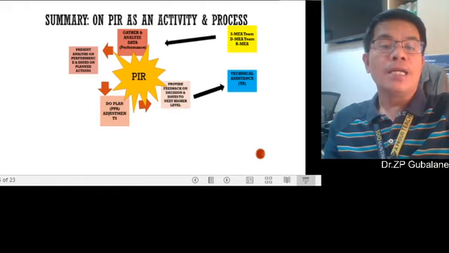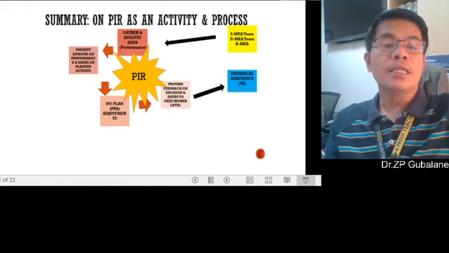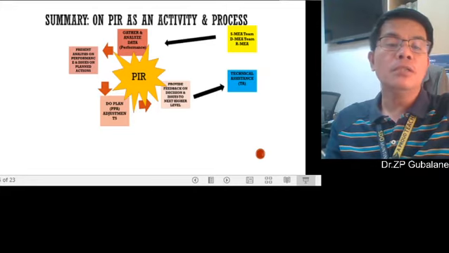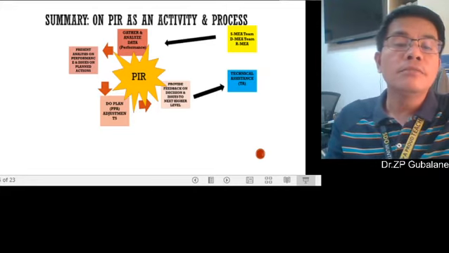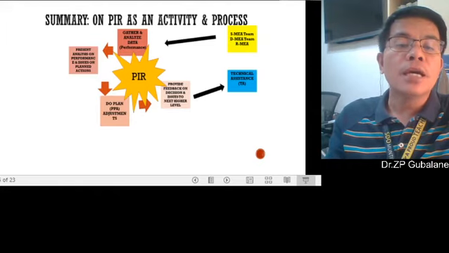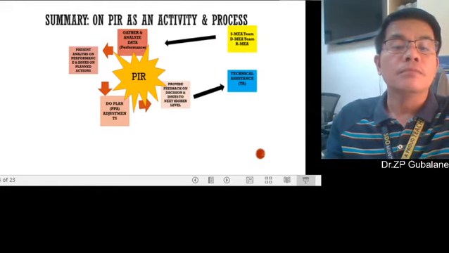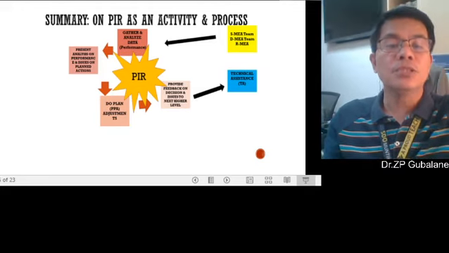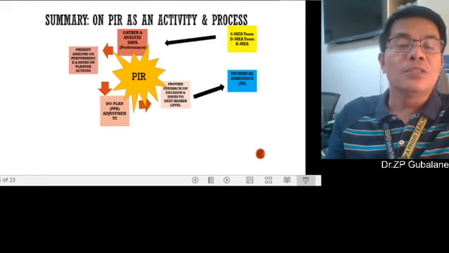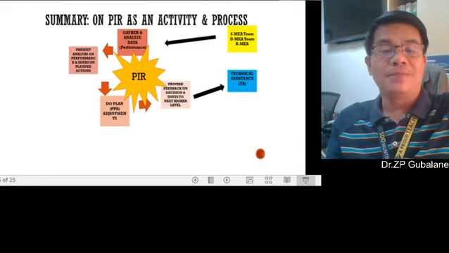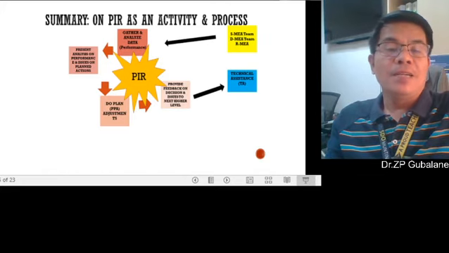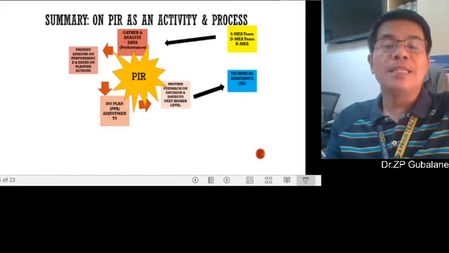Now, the next box is provide feedback on decisions needed and issues to the next higher level. So it's about the feedback mechanism.